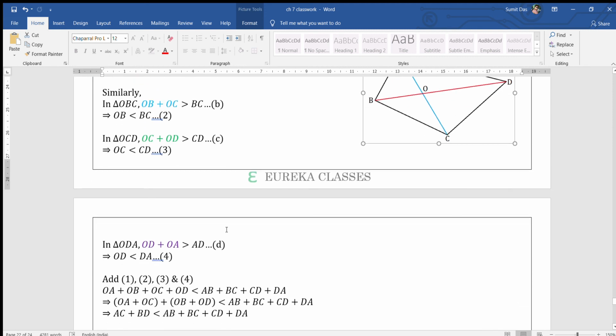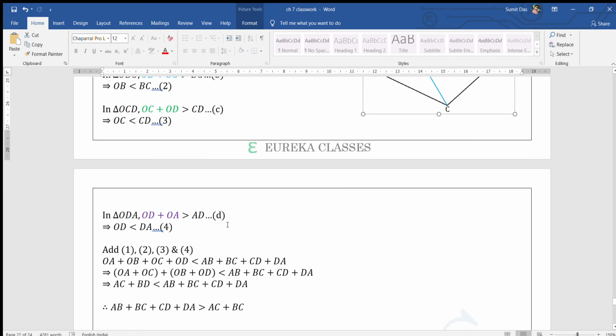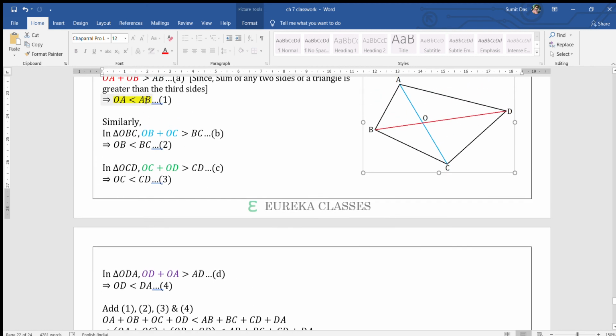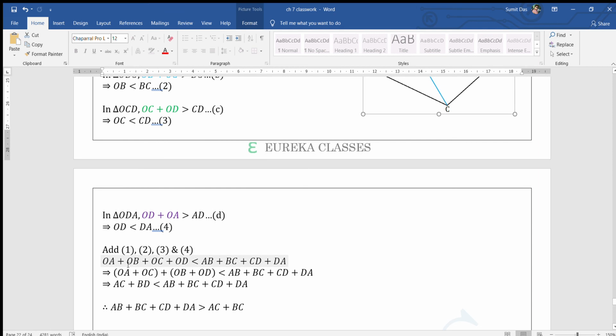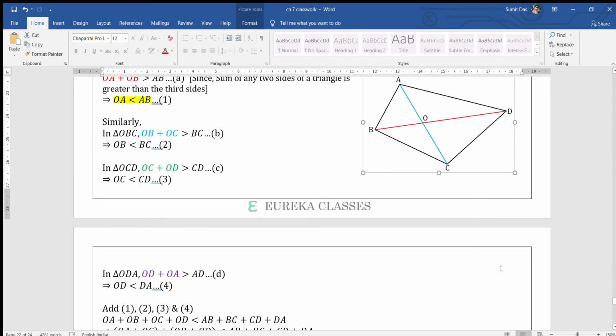Now, because we have to do two proofs, for the first proof I'm adding all 1, 2, 3, 4. That means OA less than AB, OB less than BC, OC less than CD, and OD less than DA. So on the left hand side we have OA, OB, OC, OD, less than AB, BC, CD, and DA. Now I'm taking OA and OC together. Why?